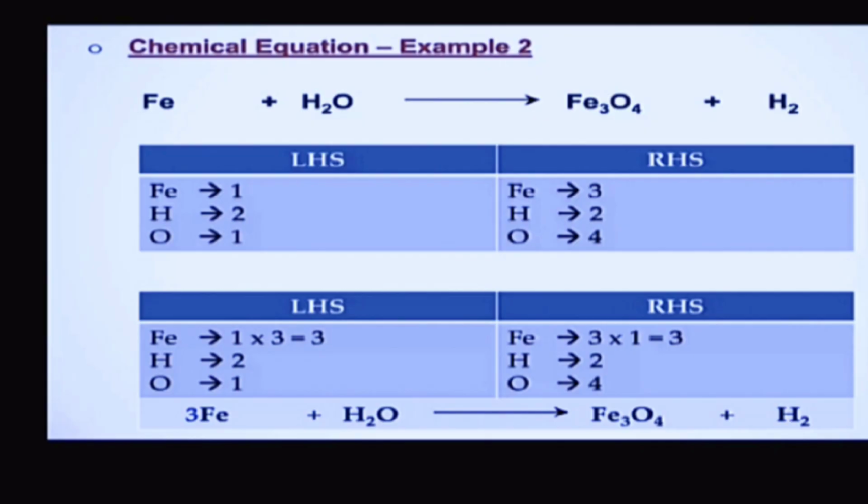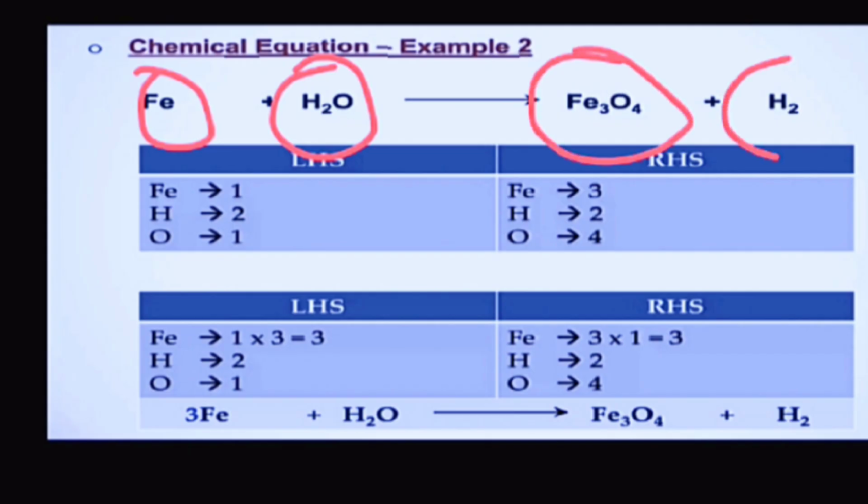Now the next one is like this one. This is iron, this is H2O, this is Fe3O4, and this is H2. So in order to balance, we need to put 3 in front of iron, right? Because there are 3 iron atoms present on the right side.